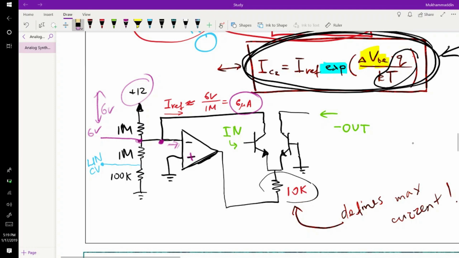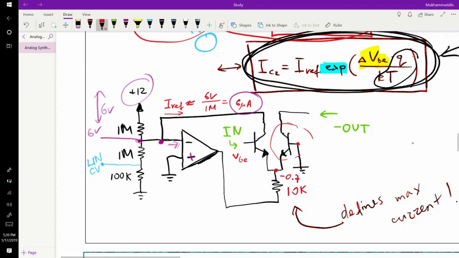Since this BJT will be conducting current based on the VBE applied in here, this terminal will be 0.7 volts lower than V base, so it will be minus 0.7 volt.